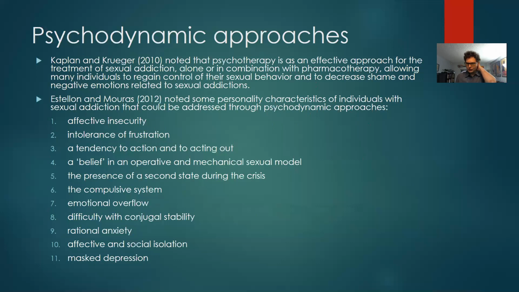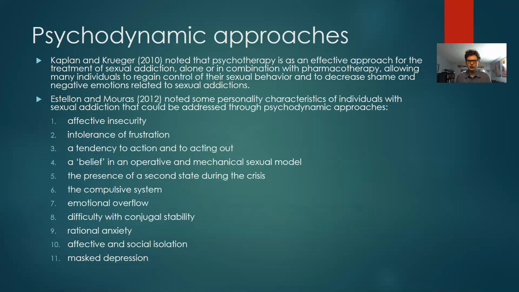Estalon and Moras noted specific personality characteristics that they felt were apparent in their sample of individuals with sex addiction. And many of these would be addressed through psychodynamic approaches.